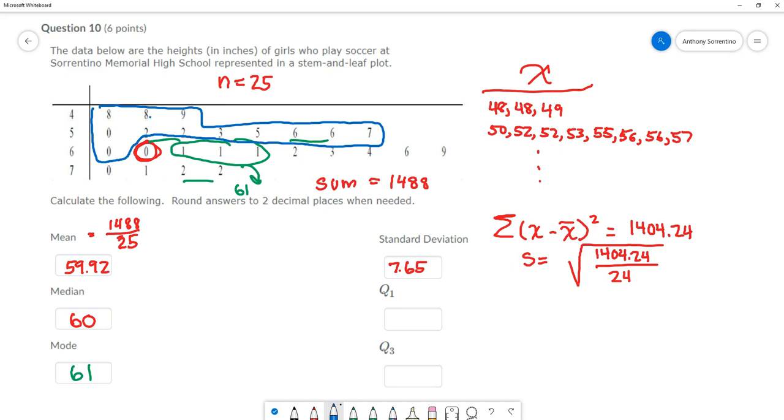So 1, 2, 3, 4, 5, 6, 7. So basically here, Q1 should be the average of 52 and 53, which would give me 52.5.